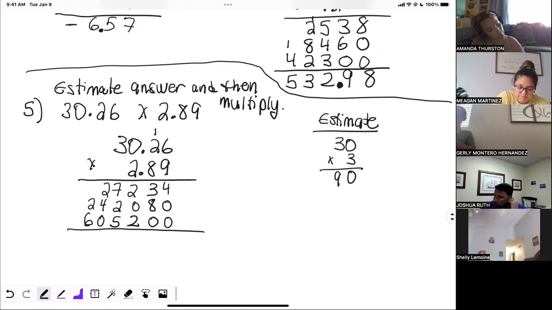All right, so let's add down. 4, 0, 0 is 4. 8 plus 3 is 11. 2 plus 1 is 3, plus 2 is 5. 7 plus 2 is 9, plus 5 is 14. 2 plus 1 is 3, plus 4 is 7. And then 6 plus 2 is 8.